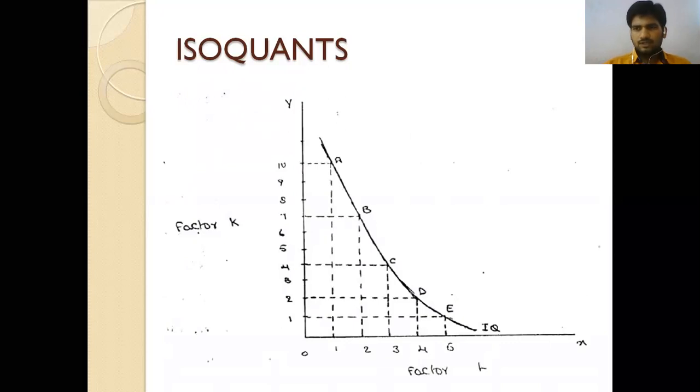Simple. For example, see that in the x-axis we have L, labor, and in the y-axis we have K, capital. So we are going to see some relationship between them. We are going to draw some curves, mentioned in diagrammatic methods. That is known as isoquants.